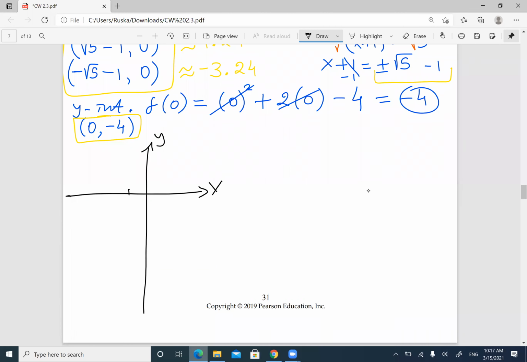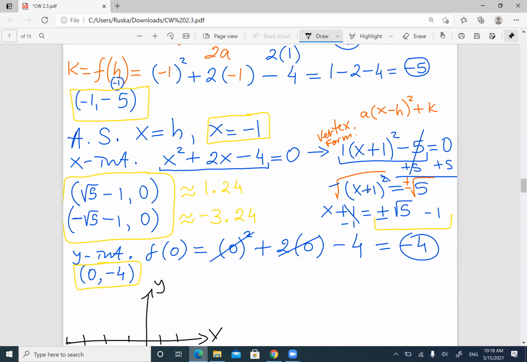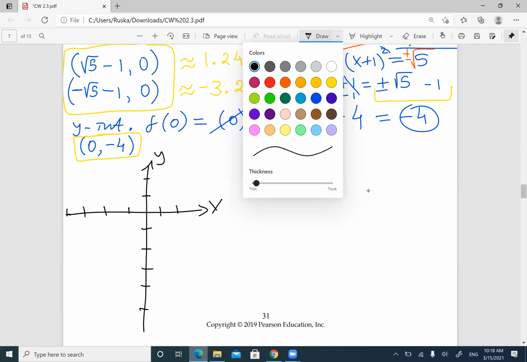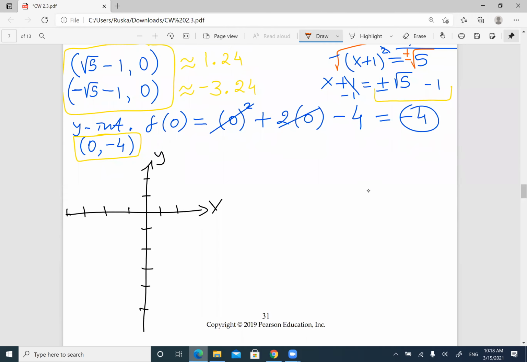And we have 1, 2, 3, 4, 5. So let's start with the vertex. The vertex was (-1, -5). Let's do that first. It's right in here. That's the vertex.